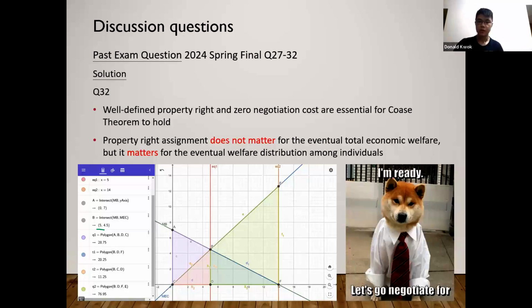So this means that the property right assignment does not matter for the eventual total economic welfare or the efficiency of society. What matters is the eventual welfare distribution among the individuals: who gets more of the economic surplus, Smith or Jones, would matter in this case.